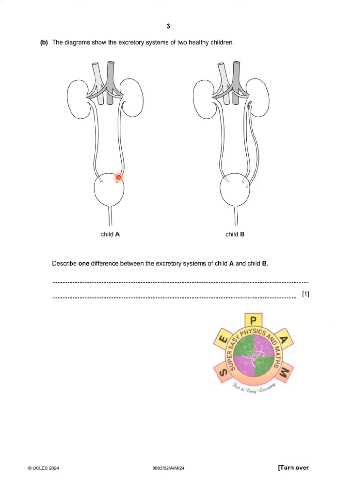If you look at A, we have 1, 2 ureter, but if you look at B, 1, 2, 3. So you see that the difference is the number of the ureter. So you can say that patient B has an extra ureter.